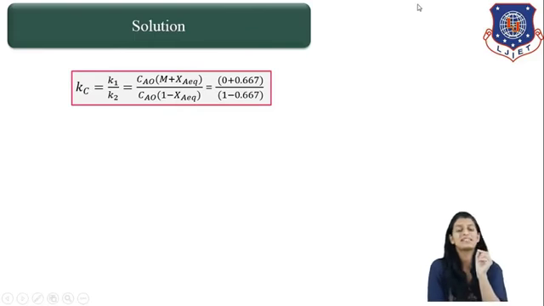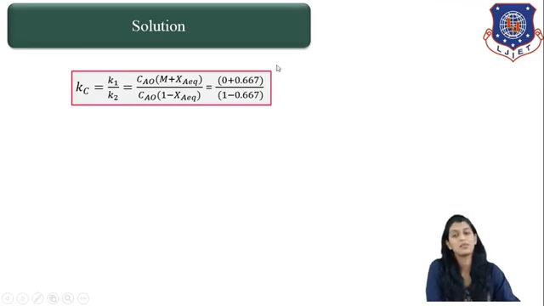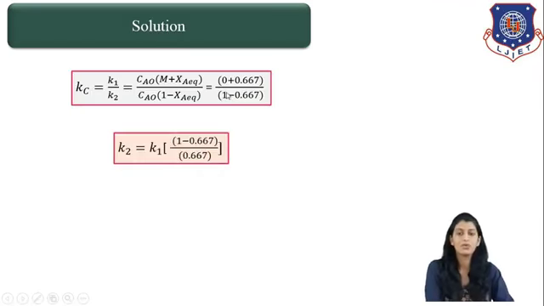M is nothing but CB0 by CA0. CB0 is 0 and CA0 is the value provided to us, so when we do 0 by something, it becomes 0. So M is 0, giving 0 plus XA equilibrium, which is 0.667, upon 1 minus 0.667. So K2 equals K1 into (1 minus 0.667) divided by 0.667.